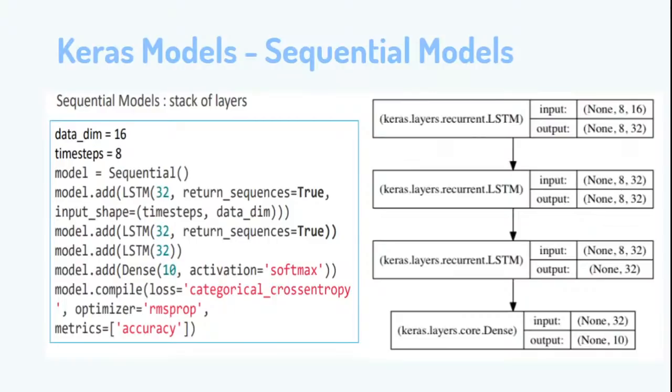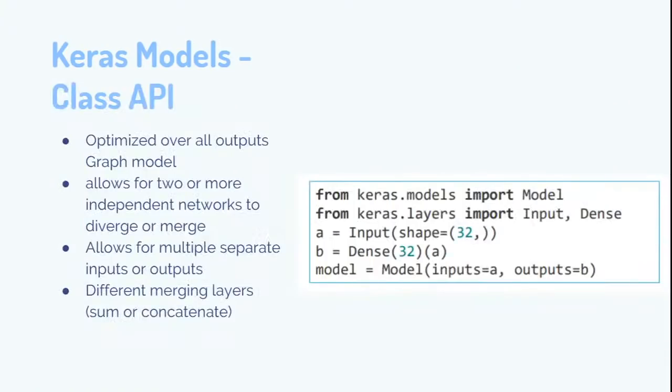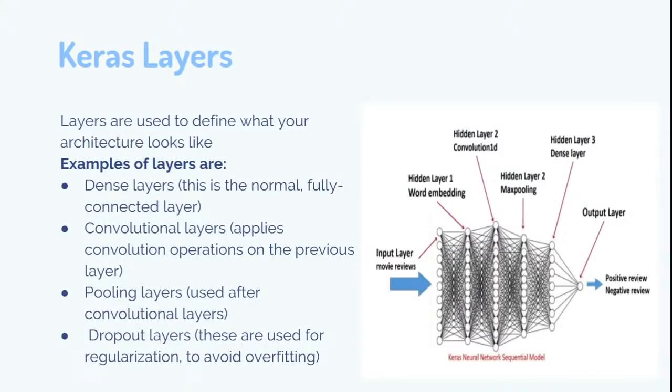So the Sequential model, I already told you about the Sequential model. So here it is imported, and then the API, and then Keras layers.